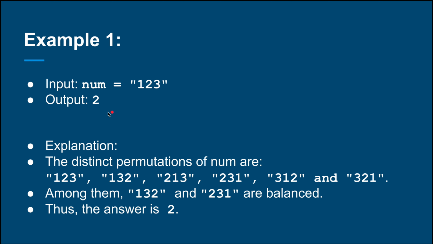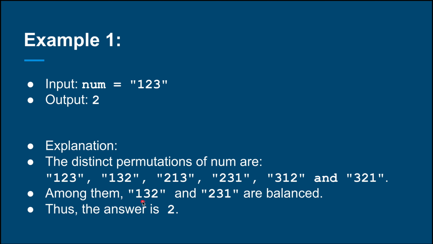Okay, so example 1 is saying we are given num is 123 and the output is 2. How? The explanation is saying that the distinct permutations of num are 123, 132, 213, 231, 312 and 321.